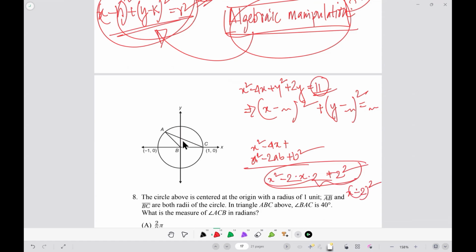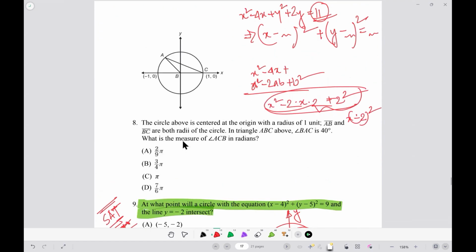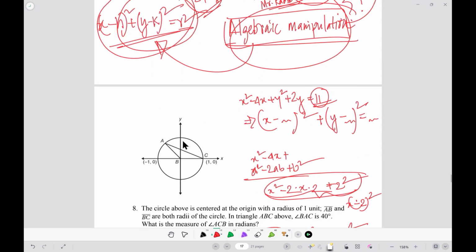I repeat, x squared minus 4x: if you want to make it look like a squared minus 2ab plus b squared, then you write x squared minus 2 into x into 2 plus. This is not equal, but you just need to balance it.